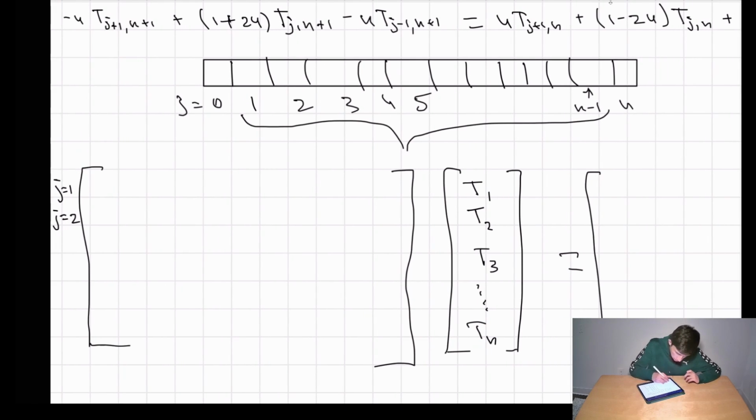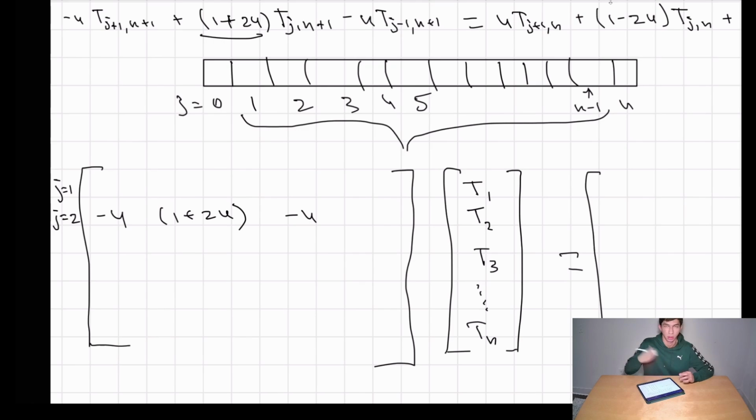So in order to find T2, the coefficient of T1 is going to be negative u, the coefficient of T2 is going to be 1 plus 2u, and the coefficient of T3 is going to be negative u when j is equal to 2.